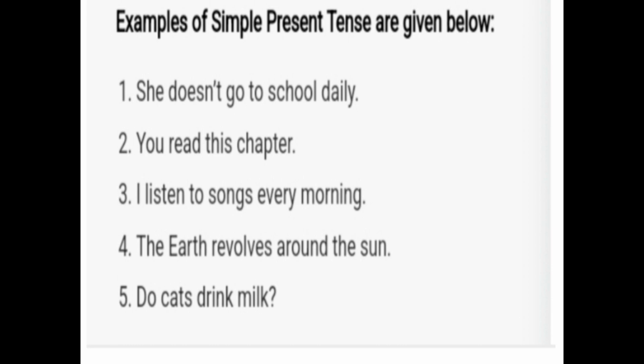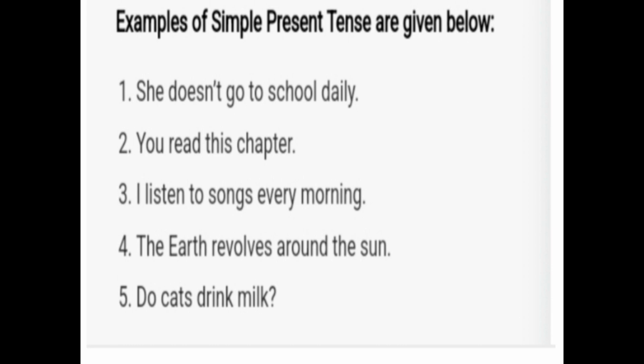Okay, you read this chapter. When we convert this sentence into a yes or no question, it becomes: Do you read this chapter? At the end of the sentence there must be a question mark. Do you read this chapter?